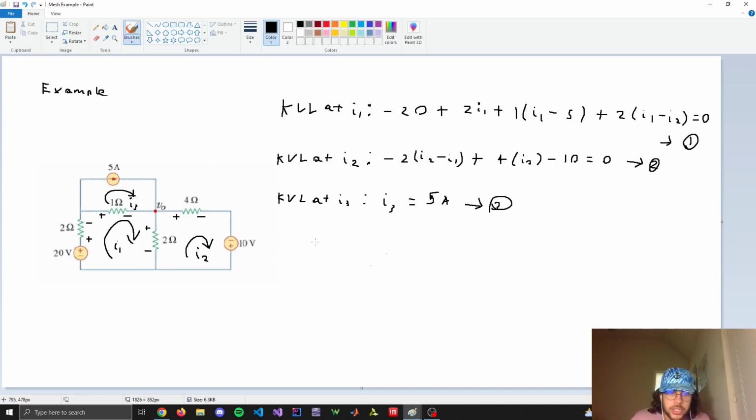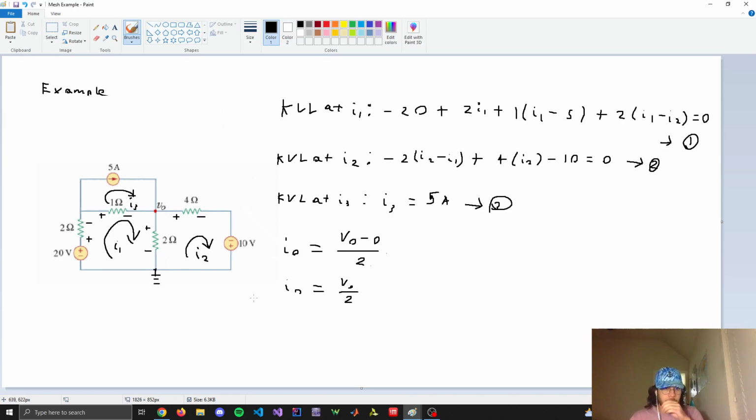So I'll just call it I0. That I0 is going to be V0, I need to put it ground here, minus 0, divided by 2. So I0 is going to be V0 over 2.